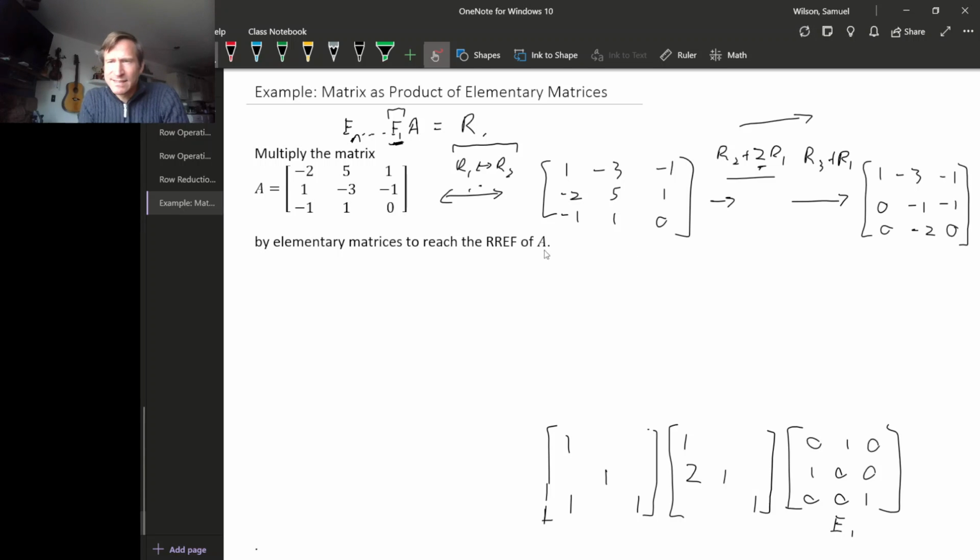Okay, next I guess maybe we should multiply the second row by minus 1. So that's going to give us 1, minus 3, minus 1, 0, 1, 1, 0, minus 2, 0.